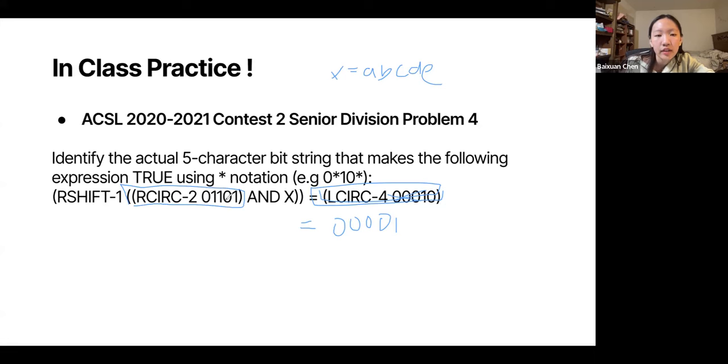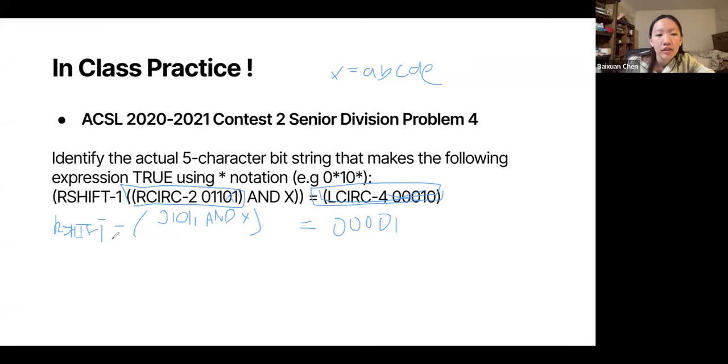So we again remove the right two most digits, and then we add them to the front. So then it'll be 0, 1, 0, 1, 1. And x shifted to the right 1 is equal to this one.